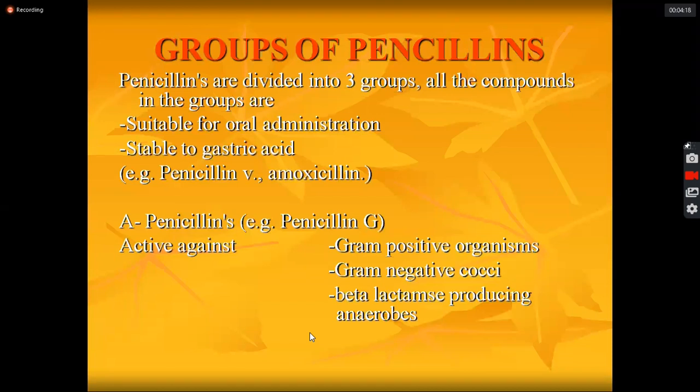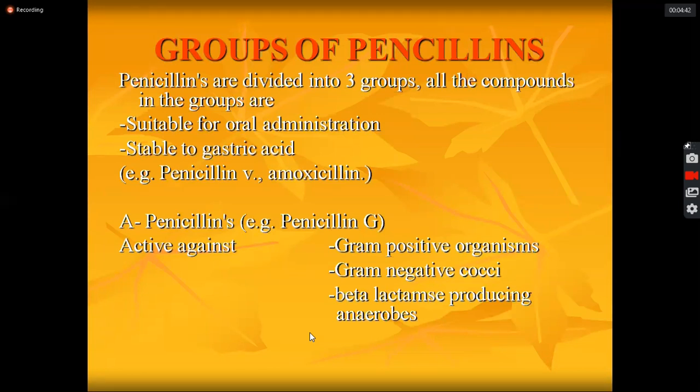The next group is anti-staphylococcal penicillin, which is active against penicillinase-producing staphylococcal infections: methicillin, nafcillin, oxacillin. Anti-pseudomonal penicillins, which are active against Pseudomonas aeruginosa, are carbenicillin, ticarcillin, and piperacillin.